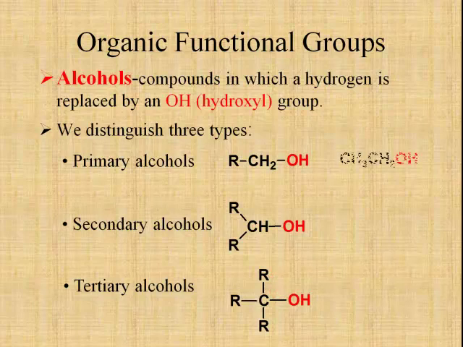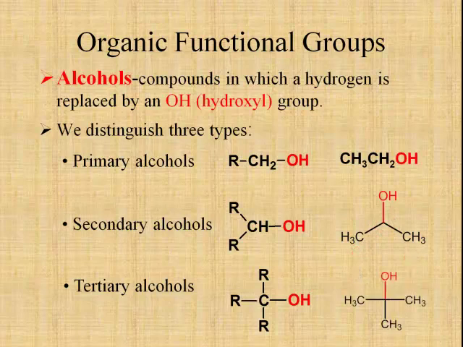Examples of these alcohols would be ethanol, CH3CH2OH, that is a primary alcohol. Isopropyl alcohol, you can see that this carbon here has two carbons attached directly to it, so that is a secondary alcohol. And tertiary butyl or T-butyl alcohol, my carbonyl carbon has three other carbons attached to it.